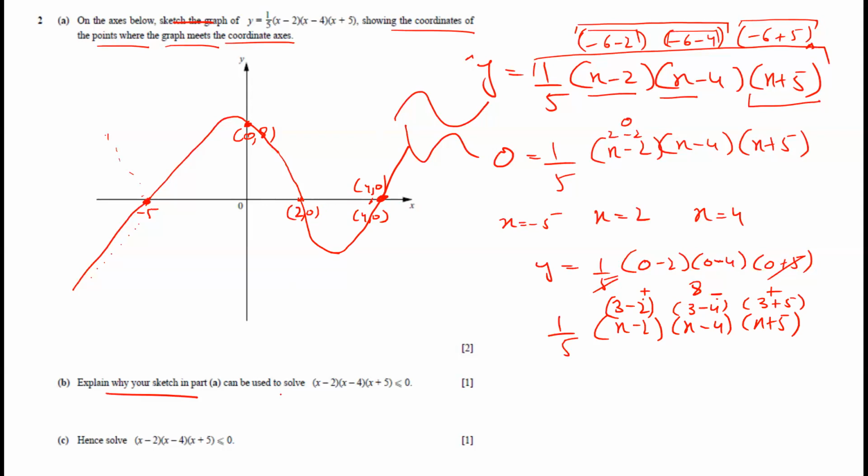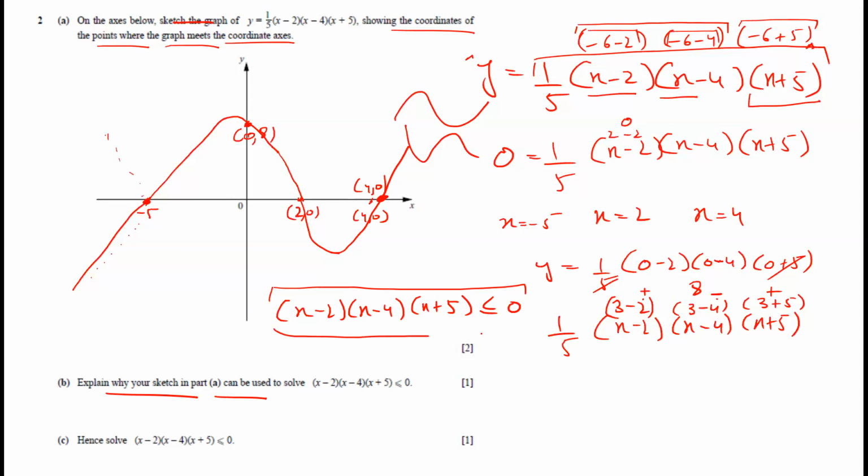Now explain why your sketch in part A can be used to solve (x minus 2)(x minus 4)(x plus 5) is less than or equal to 0. Why can we use this graph to solve this inequality? You need to understand that originally the graph was depicting this equation, y equals 1/5 (x minus 2)(x minus 4)(x plus 5).